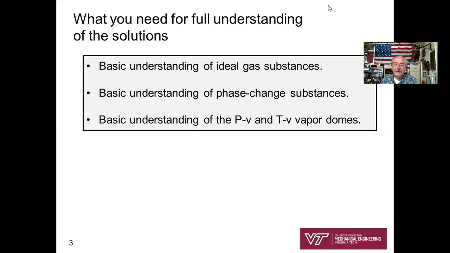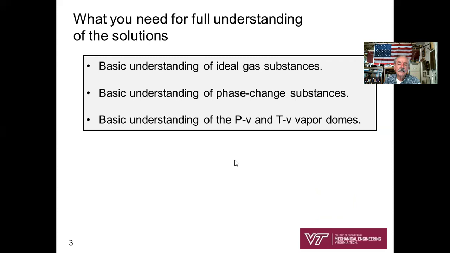So here's what you're going to need for a full understanding of what I'm going to cover here. One is you're going to need to have a basic understanding of ideal gas substances. So this set of three videos is talking a lot about phase change substances, the vapor dome put onto PV and TV diagrams.